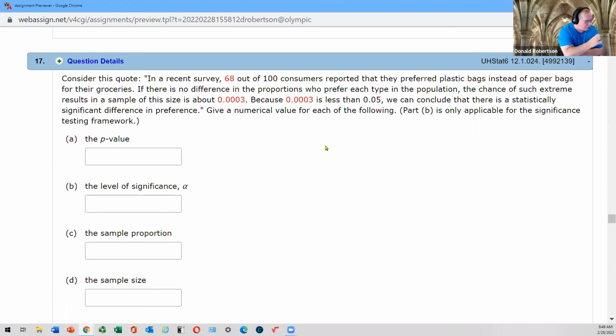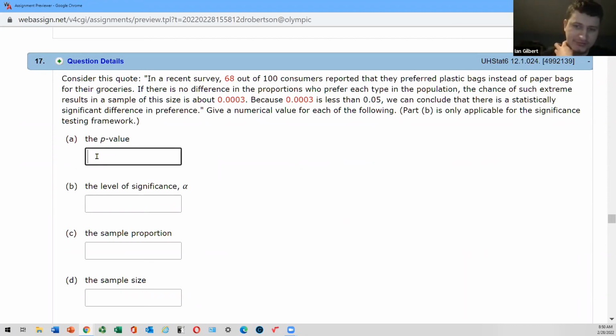Now we're going to take all that story and fill in these boxes. Now the p-value is which one of the numbers mentioned here. They didn't call it a p-value, but we should be able to figure out which decimal is the p-value. It's 0.0003, isn't it?